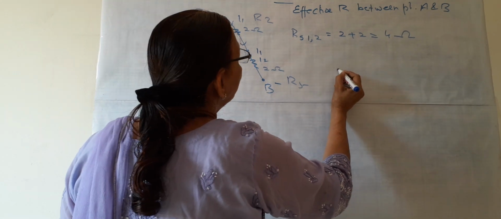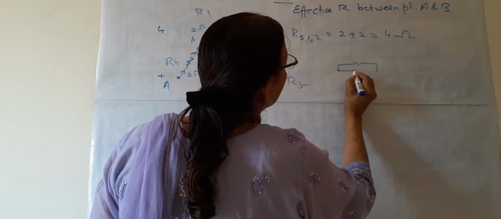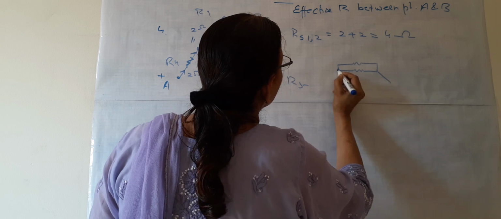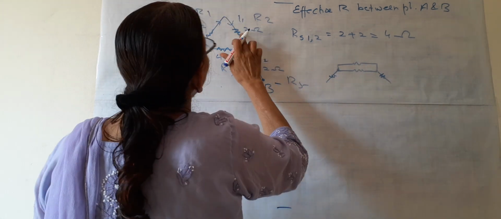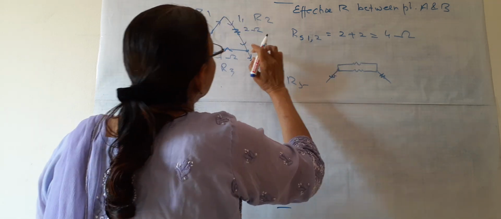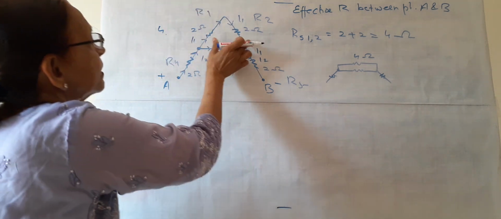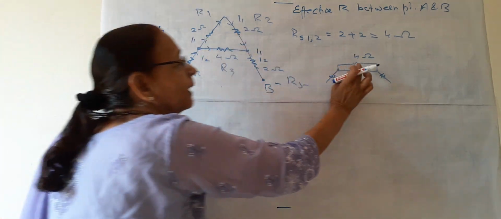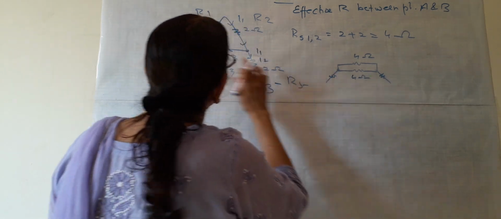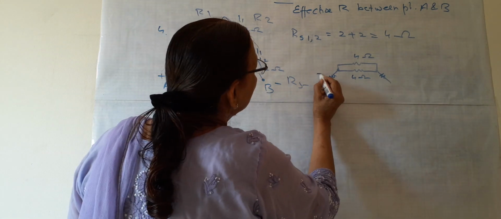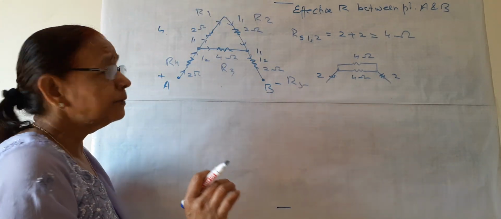So now we redraw this circuit. Instead of these two, I have made a single 4 ohm resistor here. This is the previous 4 ohm which is here, and these two are 2 and 2. So this figure is redrawn like this.